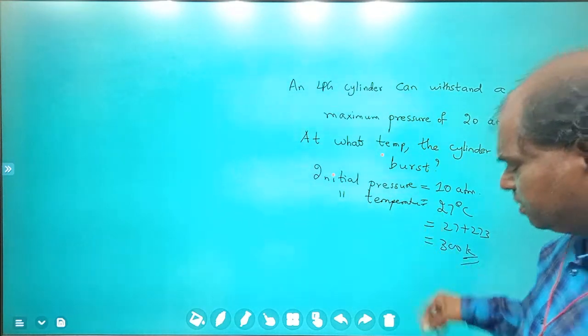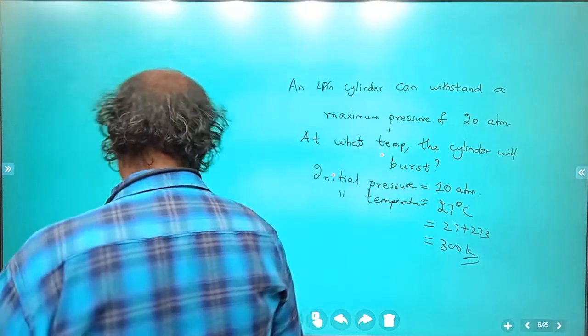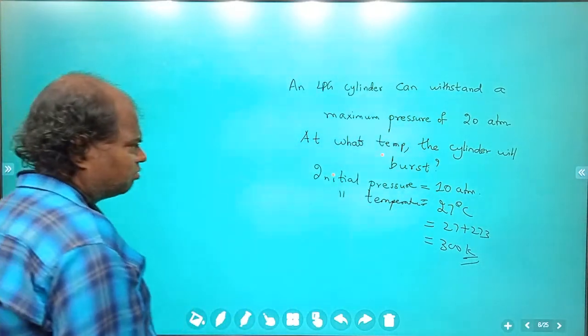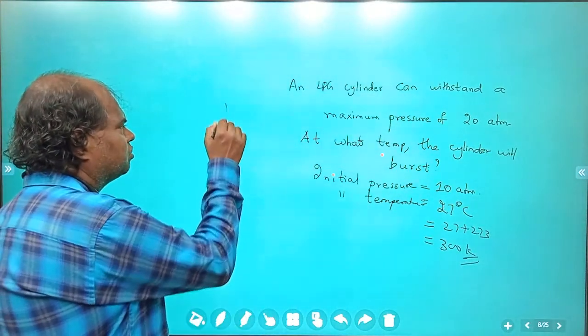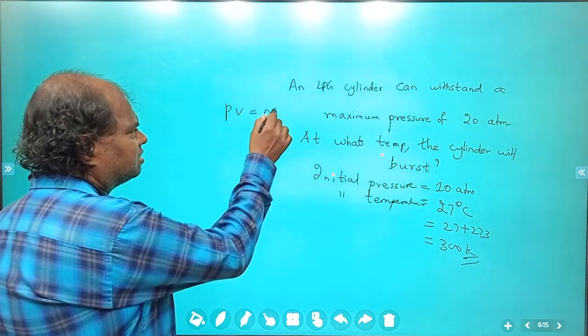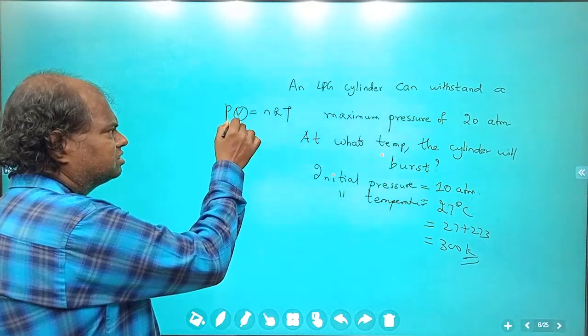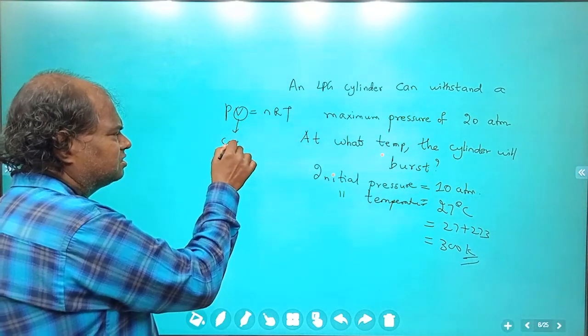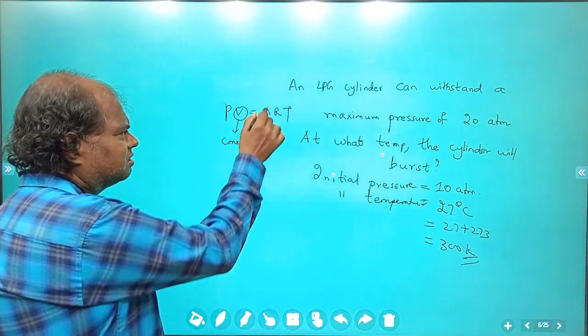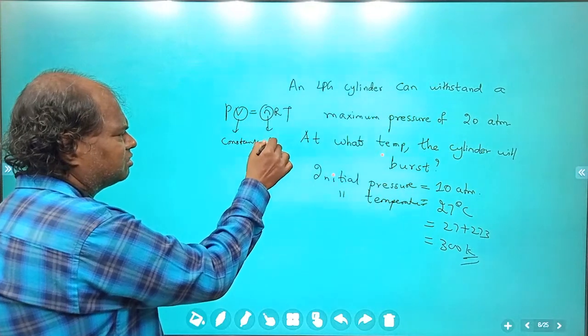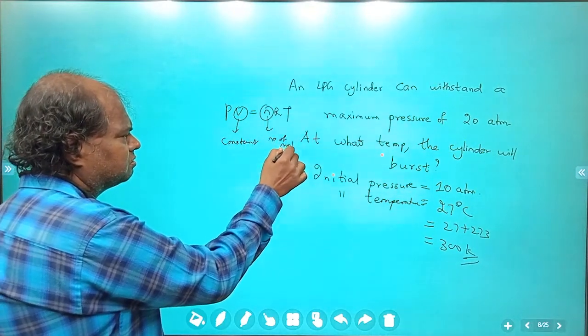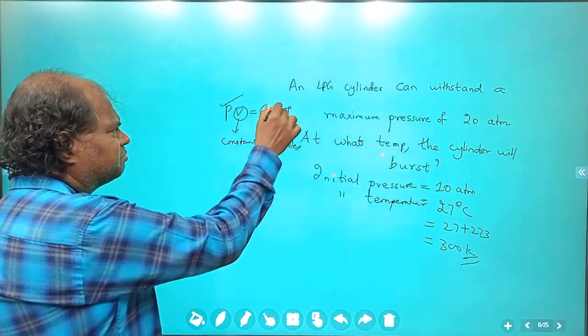Initial pressure, students, initial temperature. So very simple, what you do is, the equation PV is equal to nRT. Volume is constant, you are not changing this. The same cylinder, right? Number of moles, again you are not changing. What is changing is pressure and temperature.